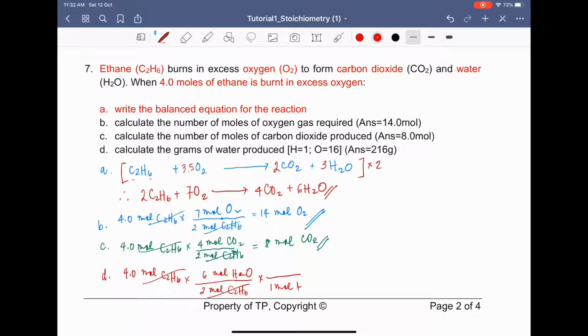Then divide by mole of water, multiply by molecular weight of water, which is 18 grams. So that will be 216 grams of water.